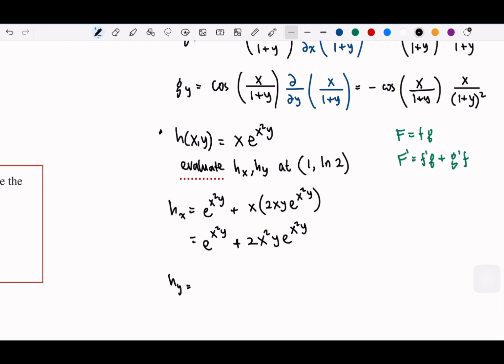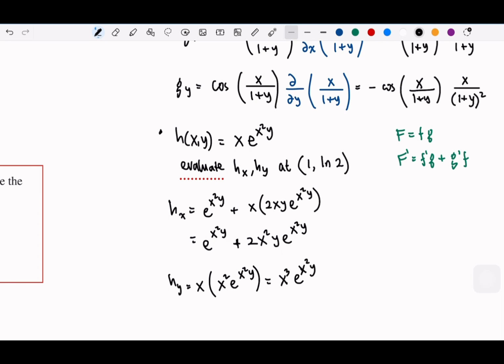So e^(x squared y) will be derived as x squared e^(x squared y). So this will be x, and then multiplied with x squared e^(x squared y), or x cubed e^(x squared y).